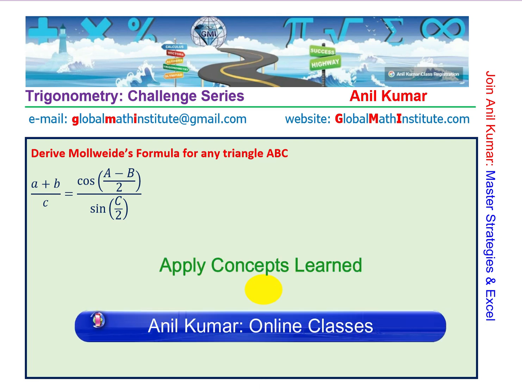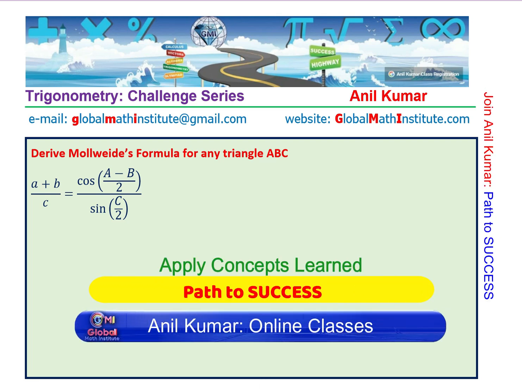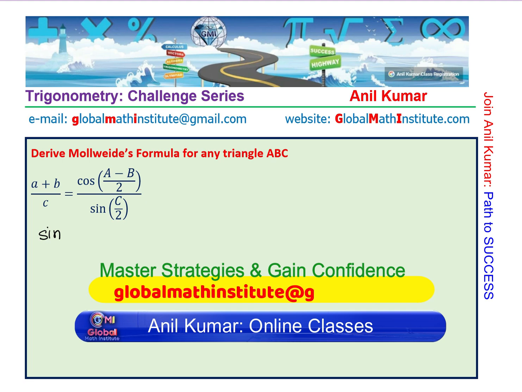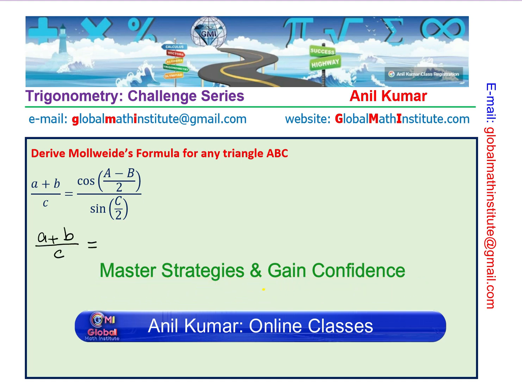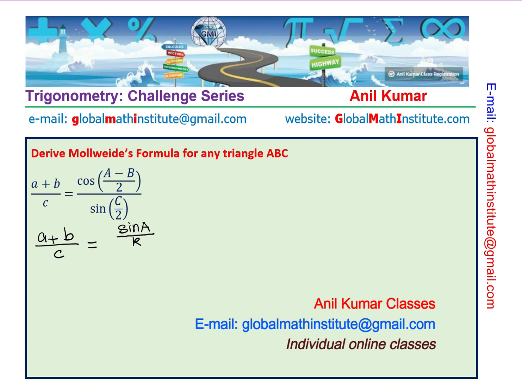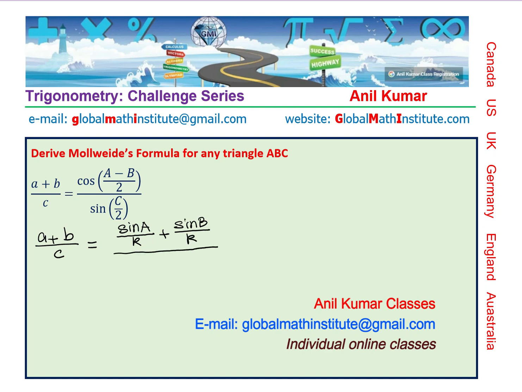So as we said, A could be written as sine of A over K, some constant, right? So let's rewrite this equation. We will write A plus B over C as sine A by some constant plus sine B by some constant, over sine C over some constant, correct?